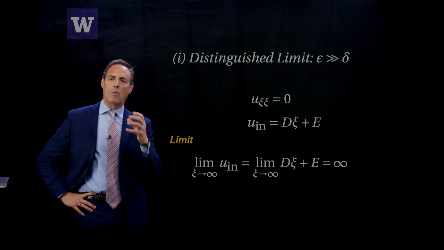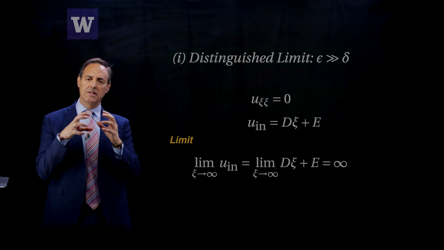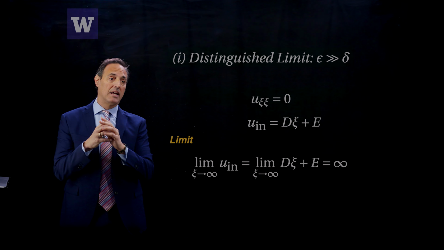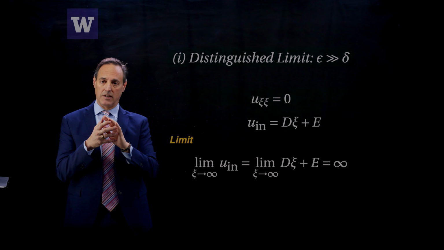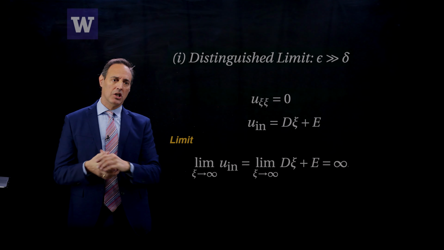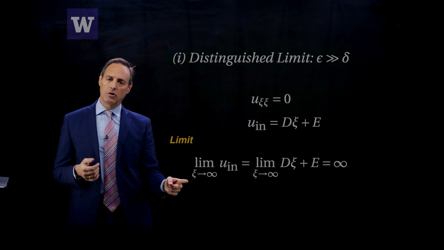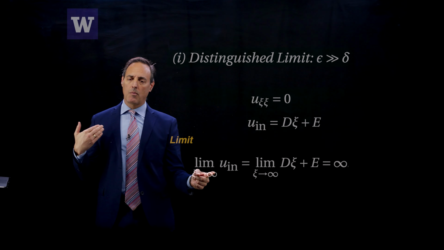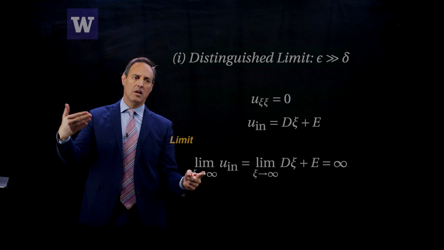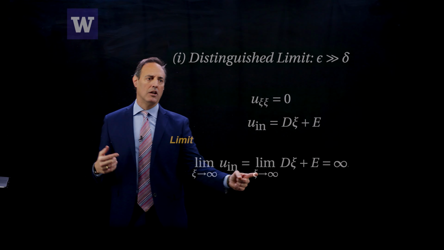In this limit, what I want to do is the matching eventually, which is I want to take the limit as c goes to infinity in this new variable, right? And I want to match it with my outer solution. So let's go ahead and do that. Take c goes to infinity of the inner solution. And when I take c goes to infinity, it means I should go out and match my outer solution. But when I take the limit c goes to infinity, notice what I get.